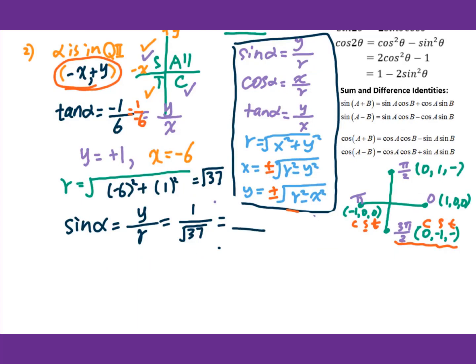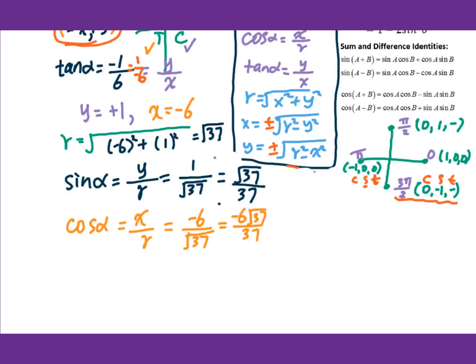Simplify, that is square root of 37 over 37. Cosine alpha equals x over r, which means negative 6 over square root of 37. That is negative 6 square root of 37 over 37. Tangent alpha is given as negative 1 over 6.